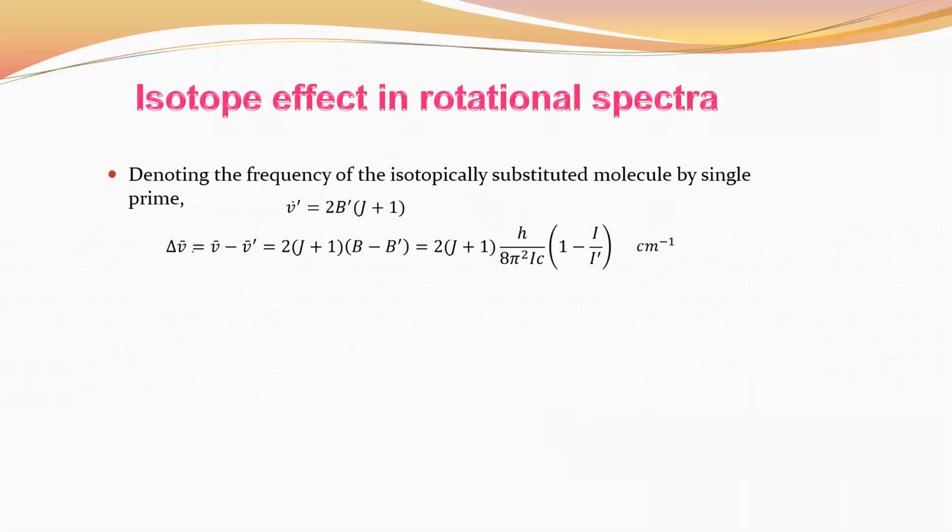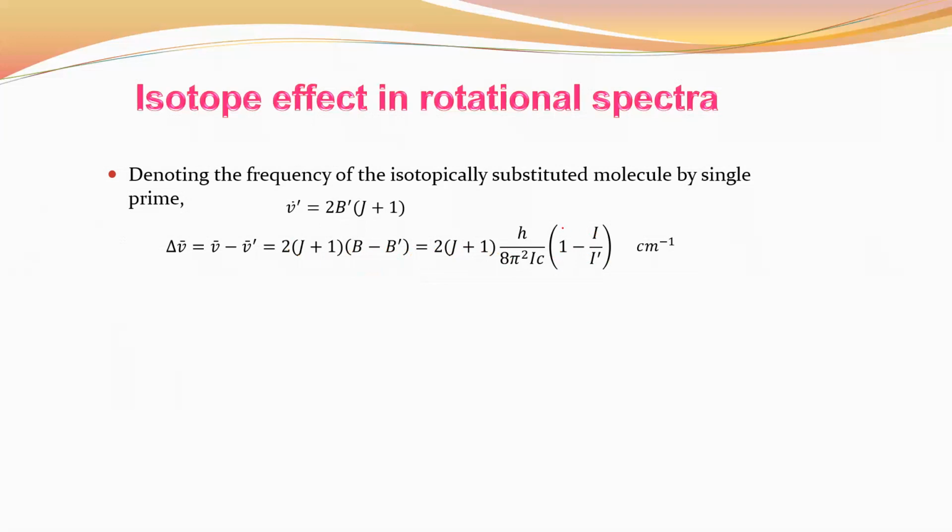Then the change in frequency, nu bar minus nu bar dash, is equal to 2B into J plus 1 minus 2B dash into J plus 1. So I write 2 into J plus 1 into B minus B dash, or 2 into J plus 1 into h divided by 8 pi square I c into 1 minus I by I dash.